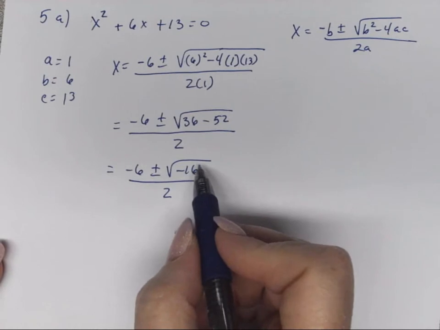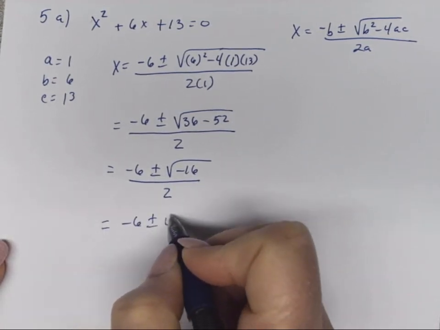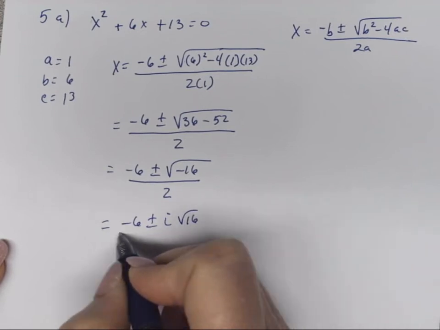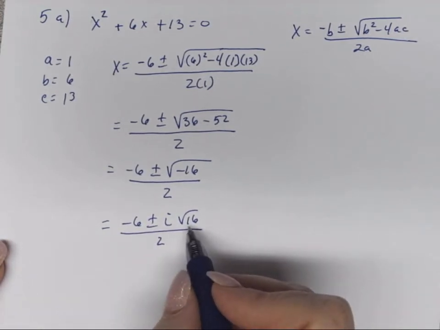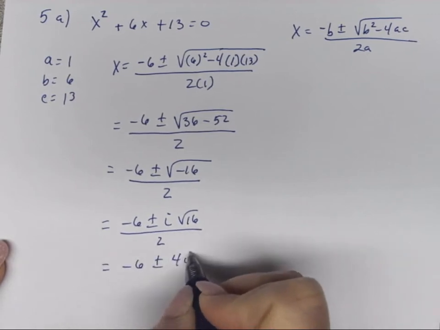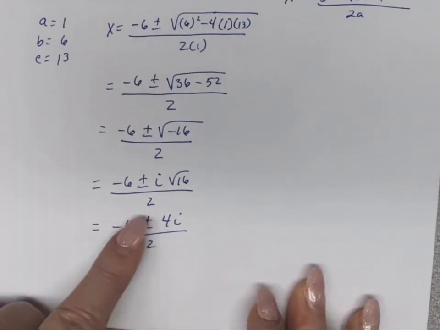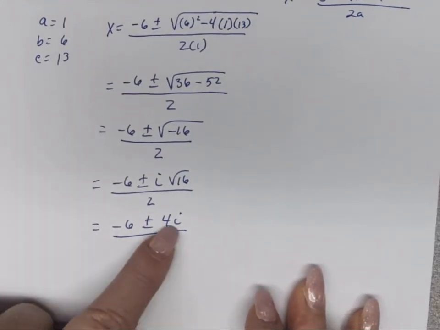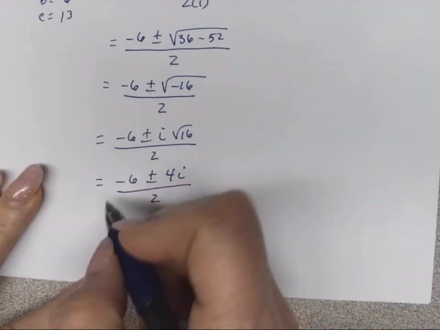Now we need to take out the i. So negative 6 plus or minus i times the square root of 16, all over 2. The square root of 16 happens to be 4. So negative 6 plus or minus 4i all over 2. Now our negative 6, our 4, and our 2 are all even numbers, so I can factor out a 2.